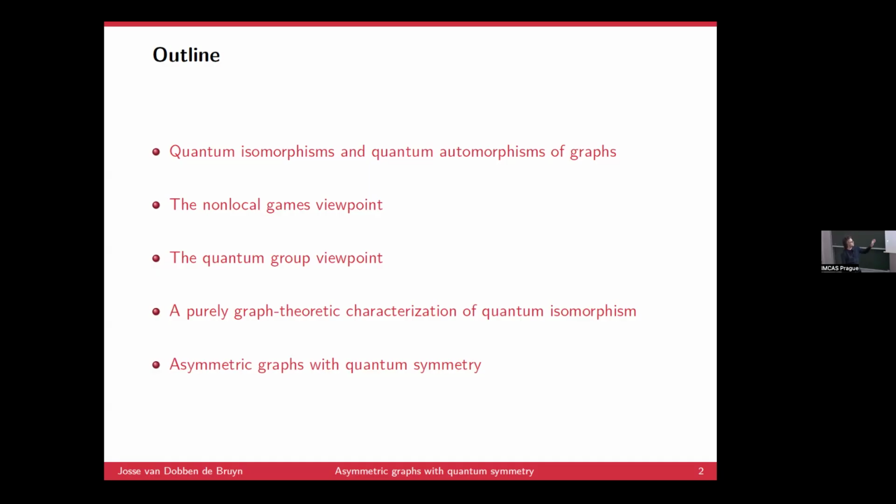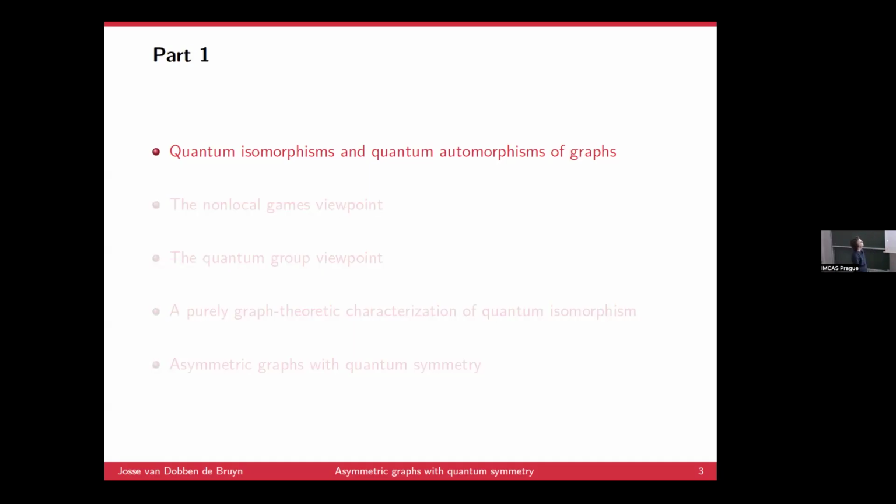I'll briefly show a very cool graph theoretic characterization of quantum isomorphism and then get to the main topic of the talk, which is to construct finite graphs whose automorphism group is trivial, but whose quantum automorphism group is not trivial. And I'll show you the highlights, the big ideas of how to do that.